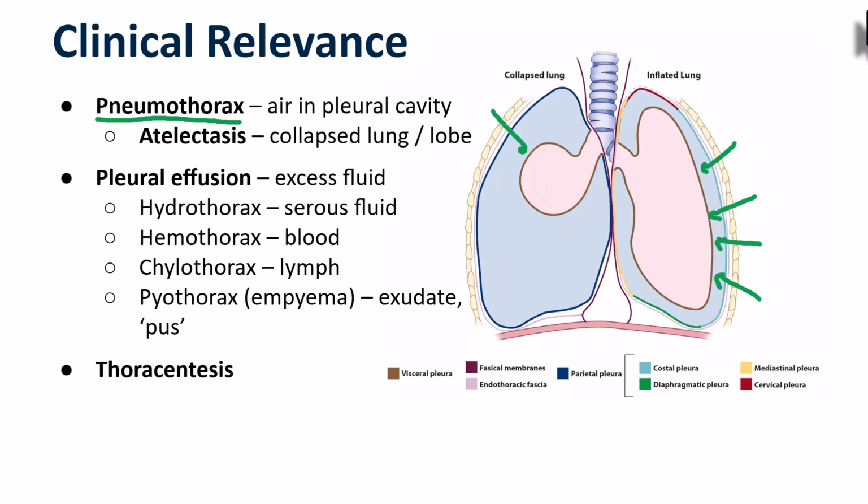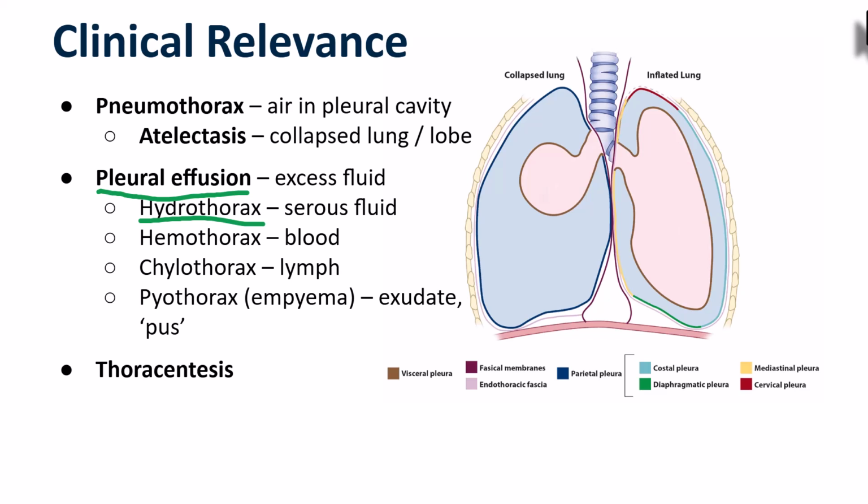We can also have an excess of fluid in that pleural cavity as well. We call that a pleural effusion. The more common is when there's something called a hydrothorax. Hydrothorax is when there is a buildup or an excess of pleural serous fluid in that space.